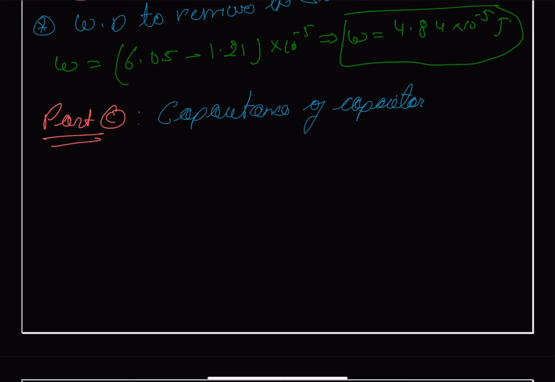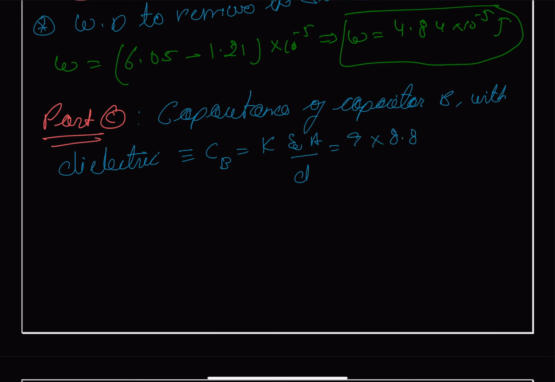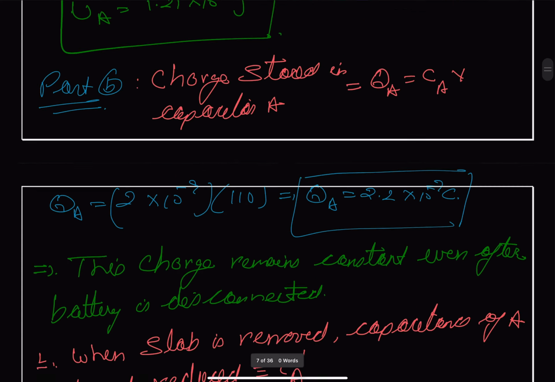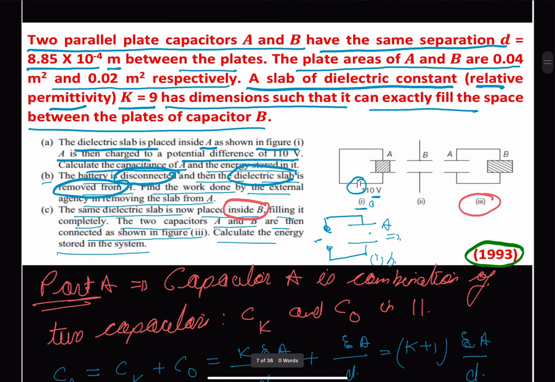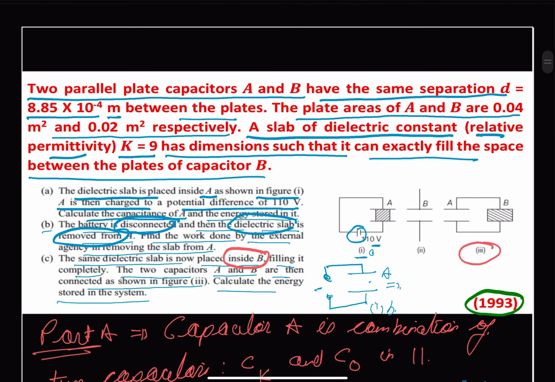Let us call that CB, which will be equal to K epsilon naught A divided by D. K is given to us as 9, and this as 8.85 into 10 to the power minus 12, and the area of B is given to us as 0.2.